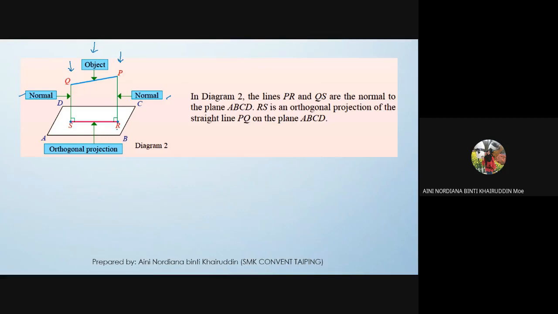SR ni lebih pendek, sebab dia shadow kan. So yang QS and PR akan jadi normal to the plane. Ni nama dia tau, normal to the plane. Line PR and QS is the normal to the plane ABCD.